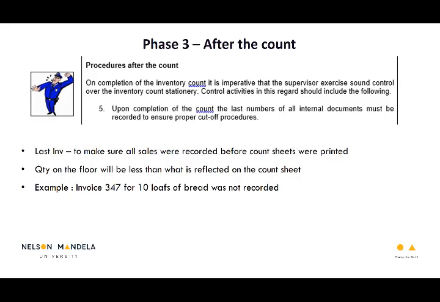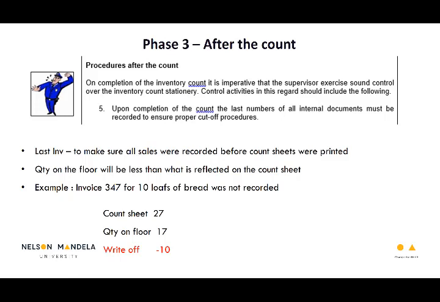Our count sheet will show 27 loaves of bread. When we count on the floor, the quantity will only reflect 17, and therefore it will appear that there should be an inventory write-off of 10. However, that is not correct.